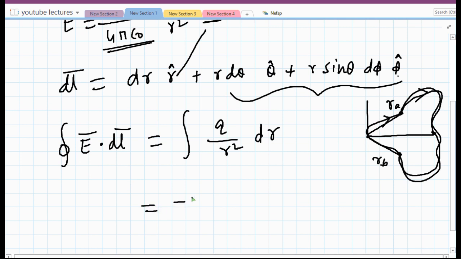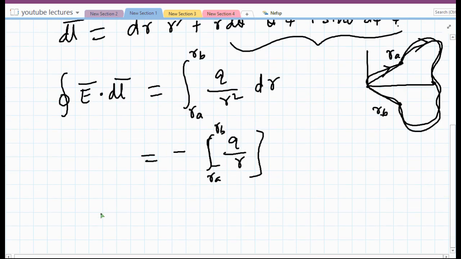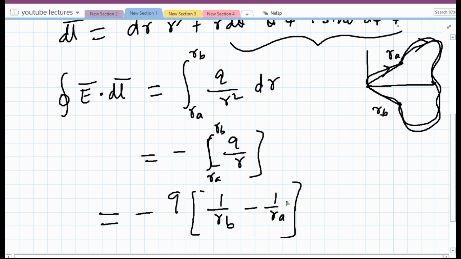If I integrate from RA to RB, I am left with Q over r, from RA to RB. The integration has been done, so I can write Q outside, with 1 over RB minus 1 over RA.